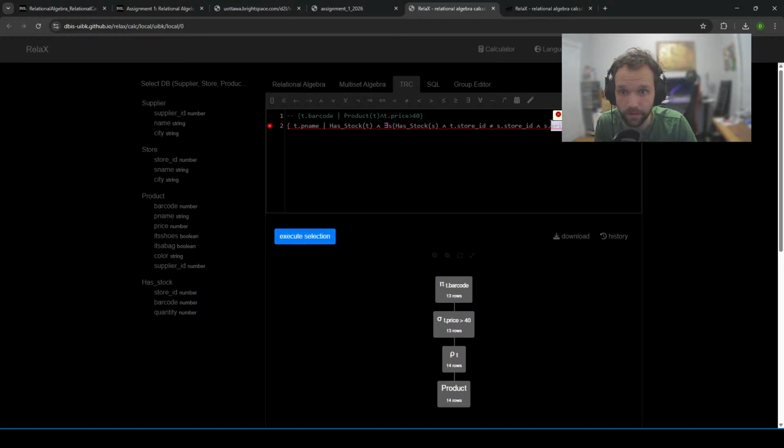And T dot barcode is equal to S dot barcode.